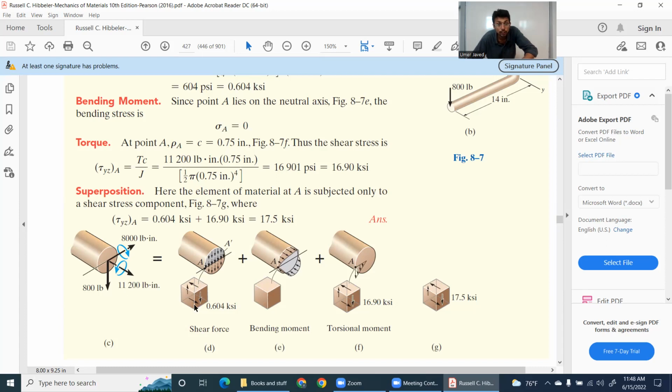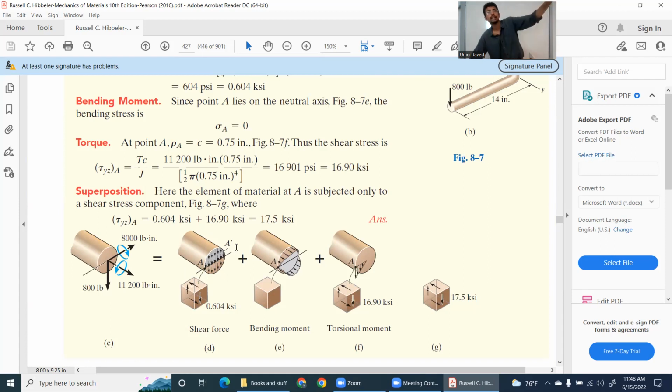So longitudinal shear is by this top arrow and bottom arrow, and the transverse shear is this arrow and this arrow. And please remember that transverse shear value and longitudinal shear value, are they equal to each other? Yes, they are equal to each other. That's why you can see that this arrow and this arrow, their magnitude is the same actually.